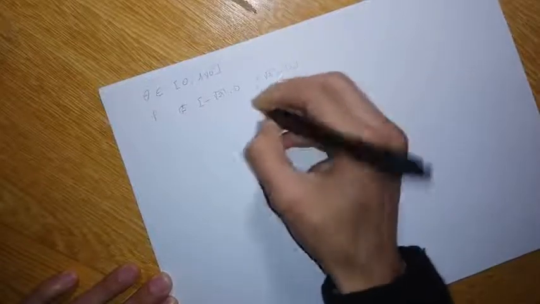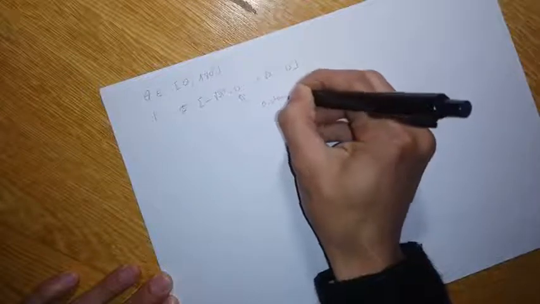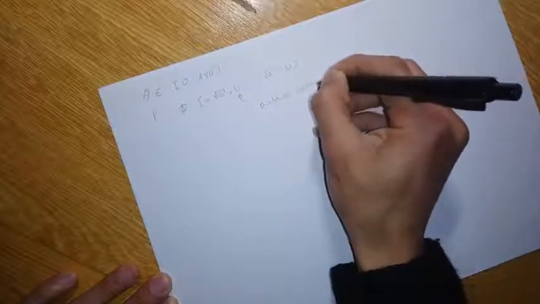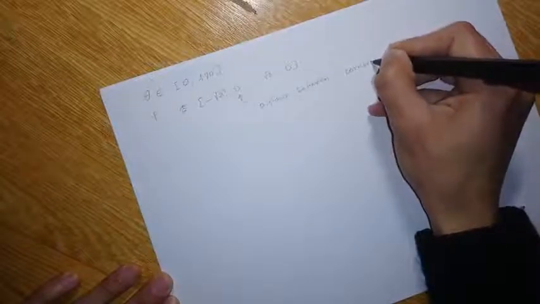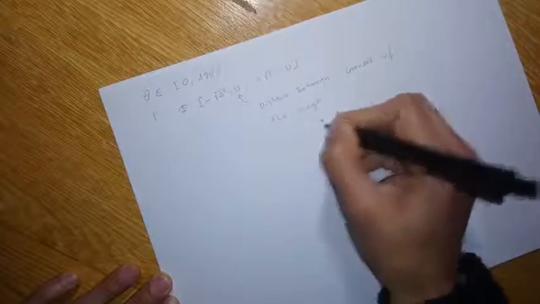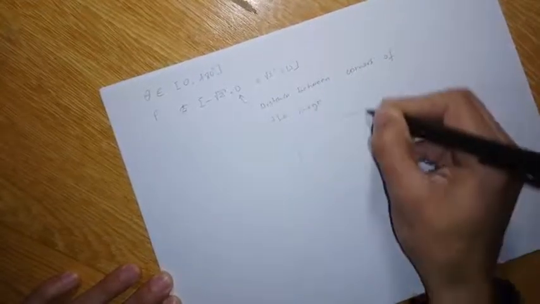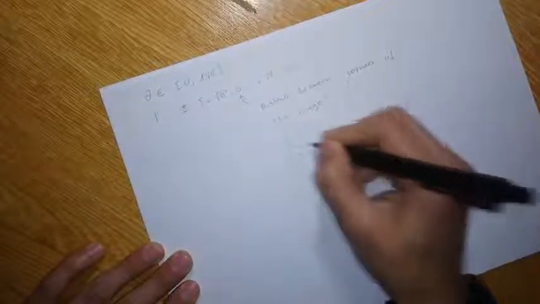So what is d? d is just the distance between corners of the image. I have an image like this one, so this is the distance d.